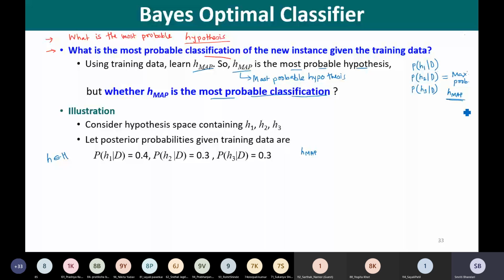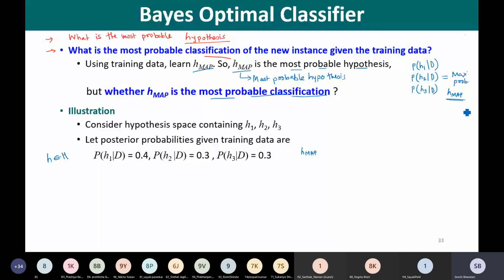This is H2 and this is H3. Okay, so if I consider H1, then towards this side I'm having positive class. This side of the hypothesis I'm having negative class. Are you getting me? Yes?